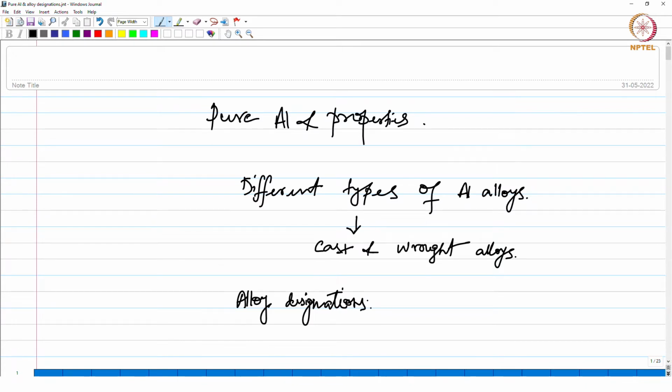And then we started talking about the physical metallurgy aspect of aluminum alloys, and that is what we have been discussing in past few lectures. All right, so right now we are discussing the strengthening mechanisms.